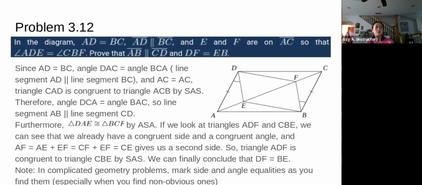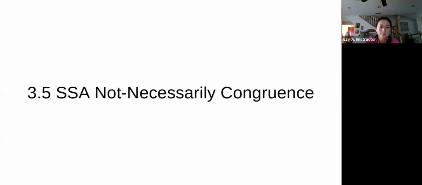So as you work out the problem, make sure that you are marking the angles and sides that are congruent, and your life will get easier and you will be able to get to the solution easier too.